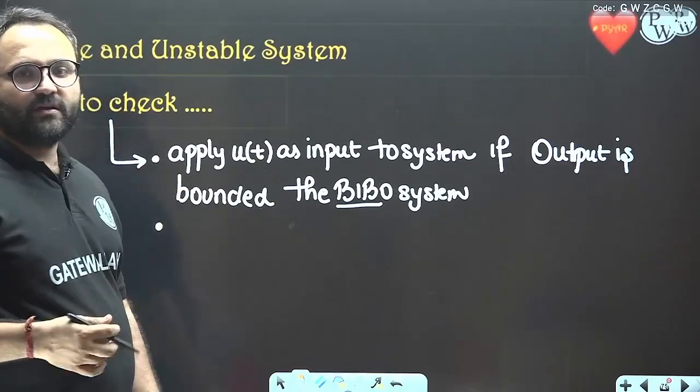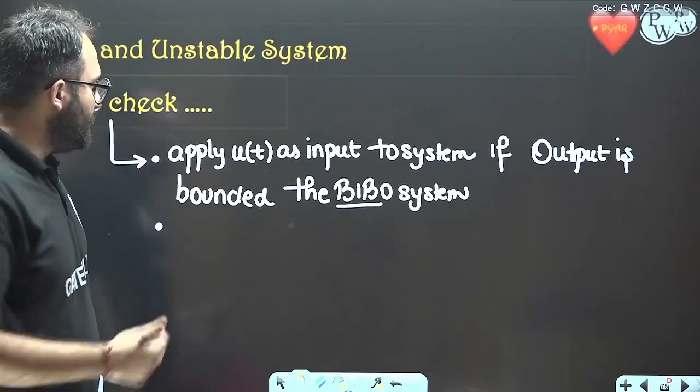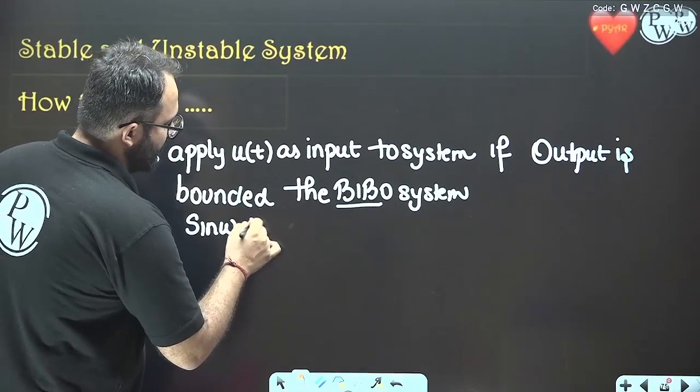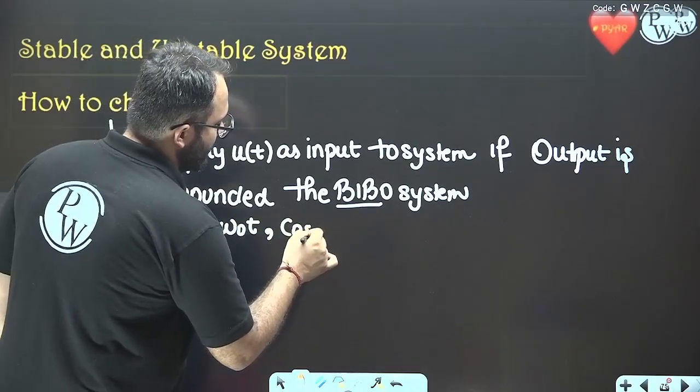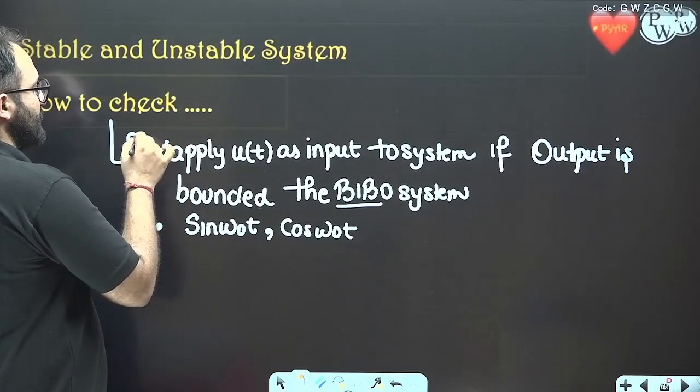many a times u(t) fails to give the result. So sometimes we also need to check by applying the input sin(ω0t) or cos(ω0t) also. But for 95% of the cases this is valid.